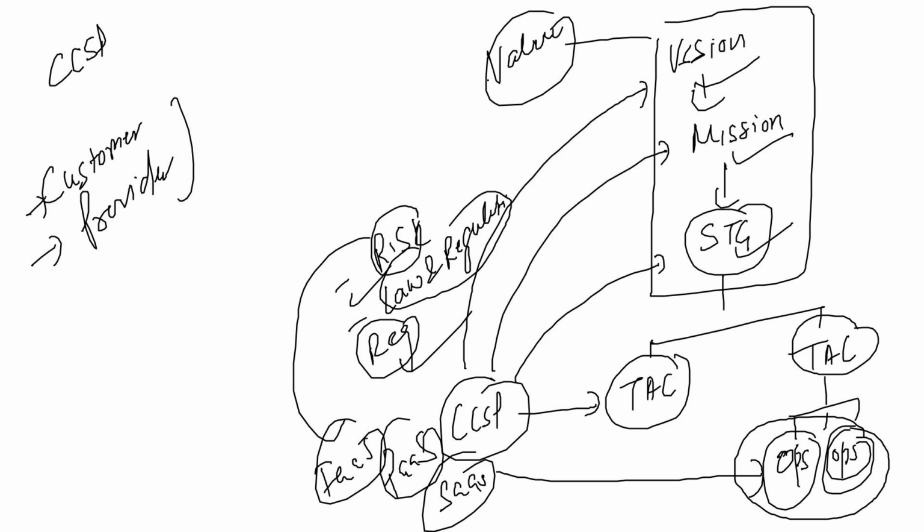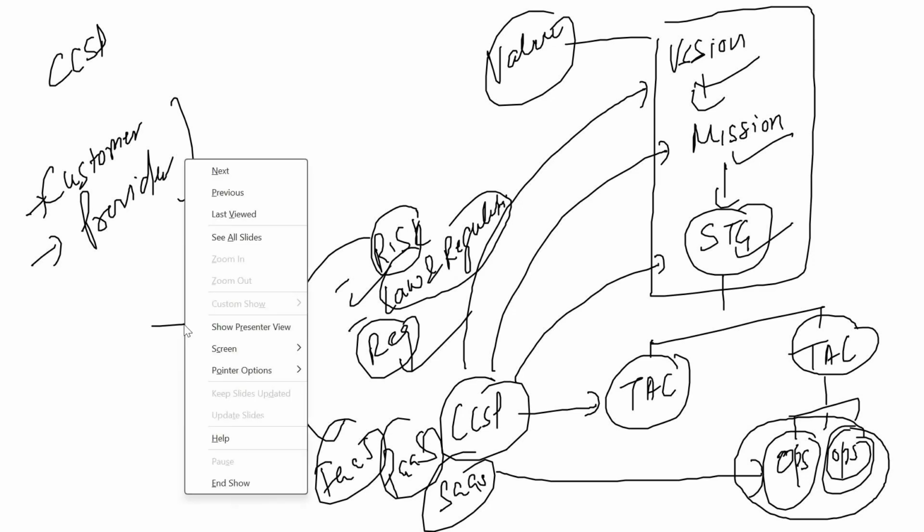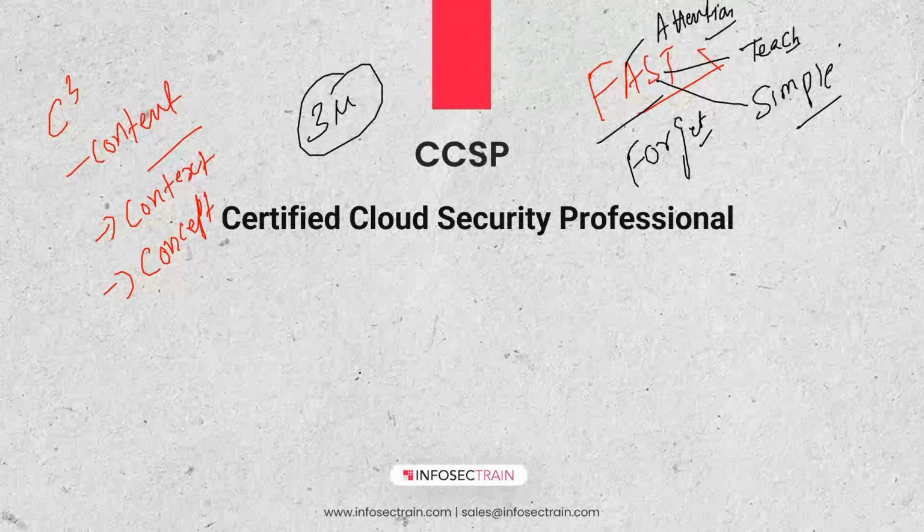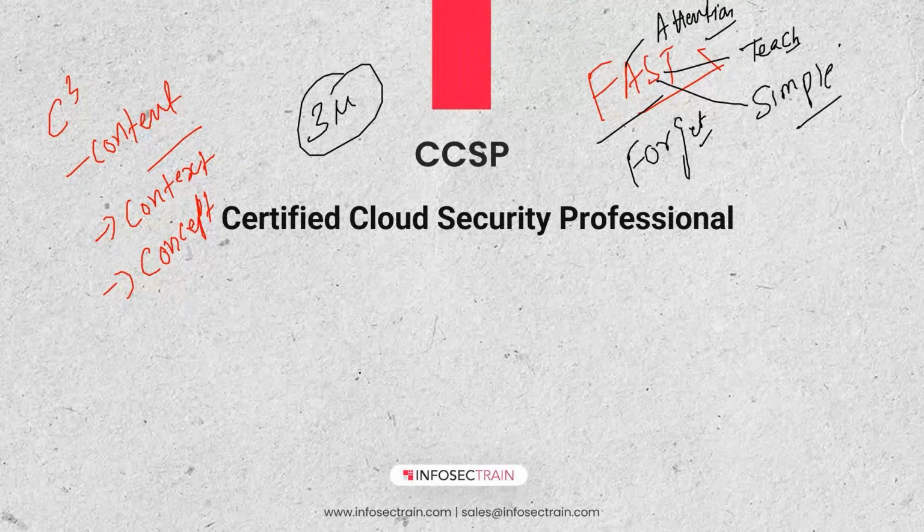So as a cloud security professional, you have to understand, and the same mindset you have to apply in your exam. This is all about CCSP. So if you understand the meaning of CCSP, that means 50% of your work is done.